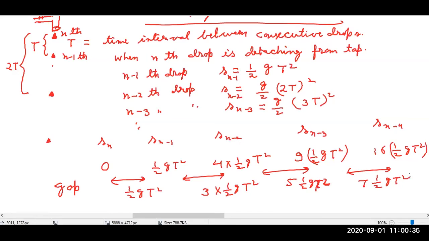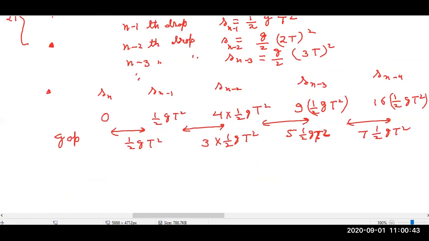So like this the gaps are increasing between the drops. You can see in the diagram also the gaps will be like this, and you can find the ratio. Suppose these gaps are named delta S1, delta S2, delta S3. If you name it like this, then the ratio is 1:3:5:7:9. It will keep on going like this.